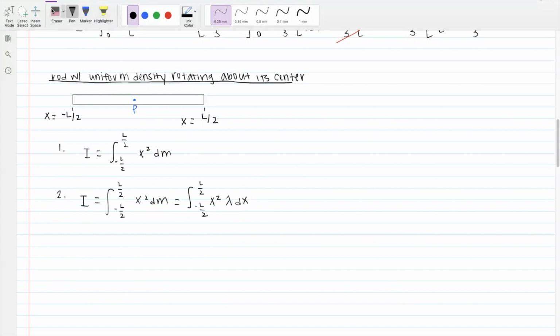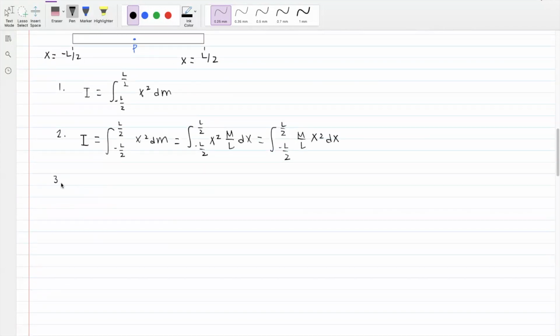Again, because we have uniform density, lambda is equal to m over L. So this is going to equal the integral from negative L over 2 to L over 2 of m over L x squared dx. Now we are going to integrate with respect to the limits.